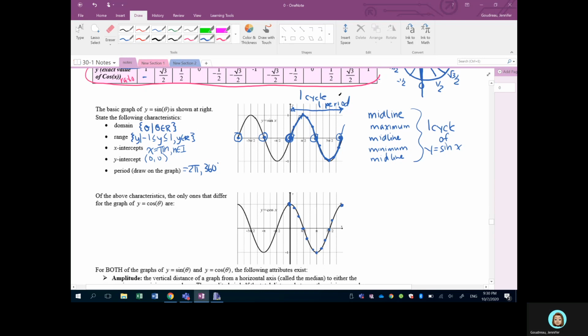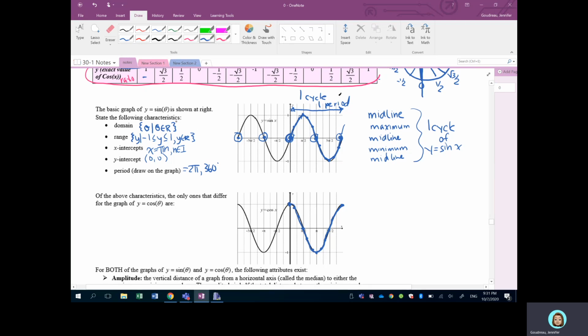And when we plot those points and join them together, there is 1 cycle of cosine. So it does look different than sine. These graphs look different, but they're passing through the same points, so they are going to have the same characteristics.